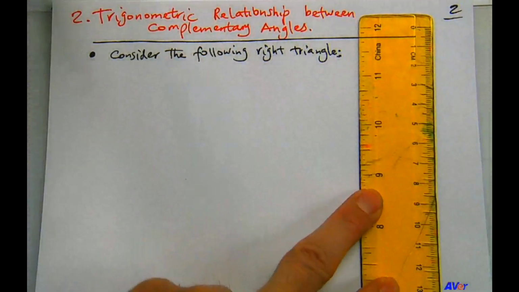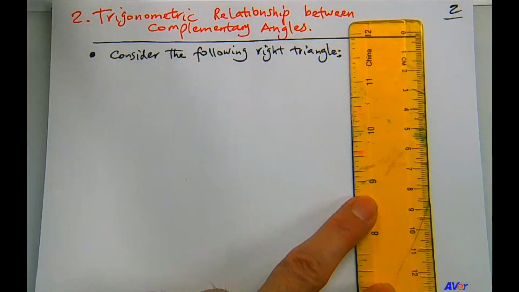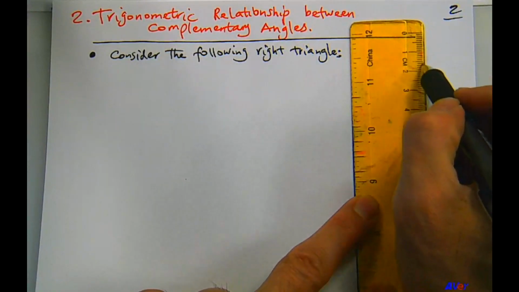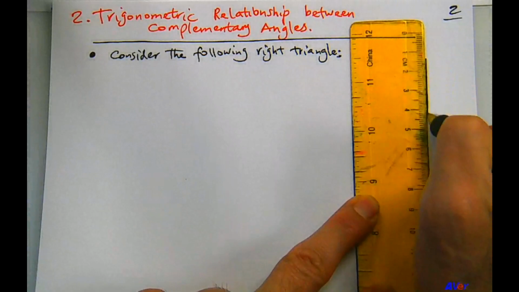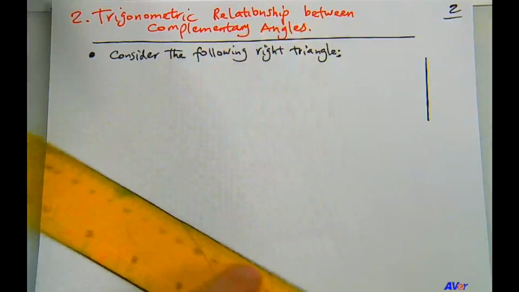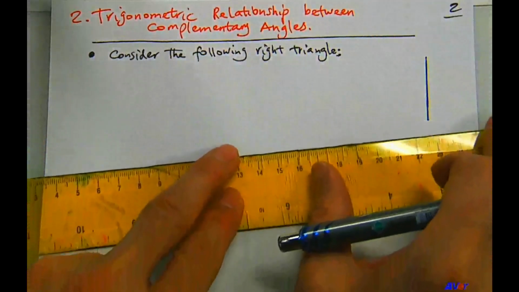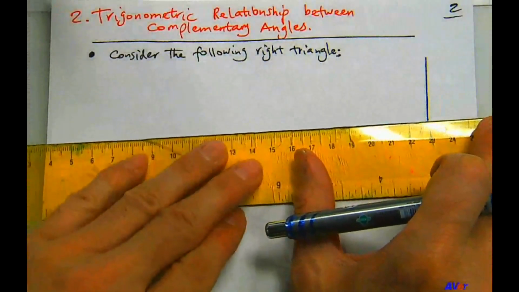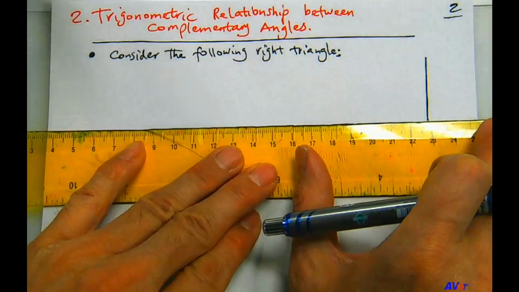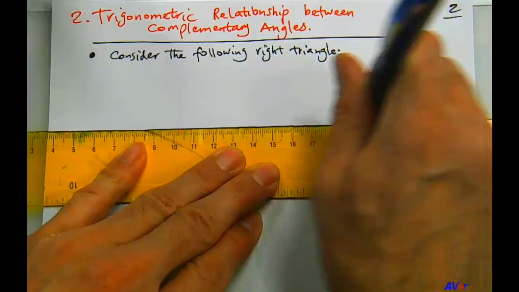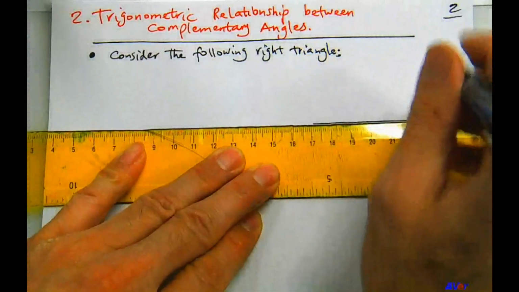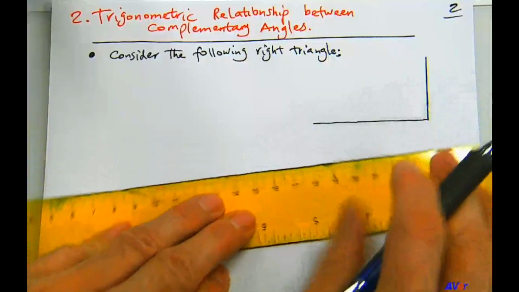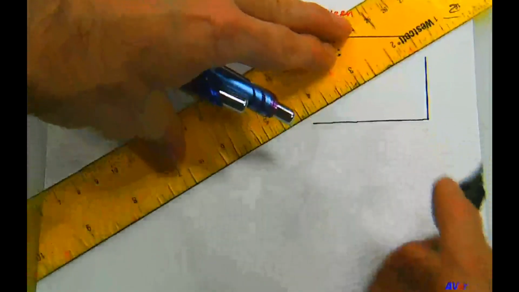I'm going to draw it in this corner, like that. Then a line here. So this would be our 90-degree angle right here.